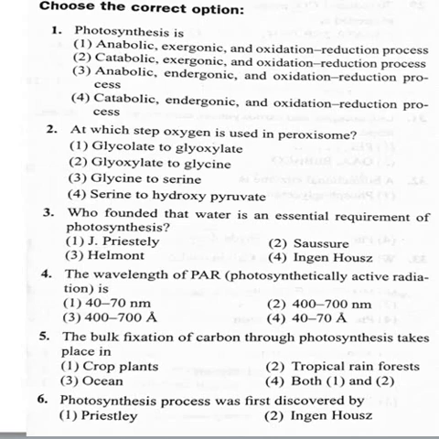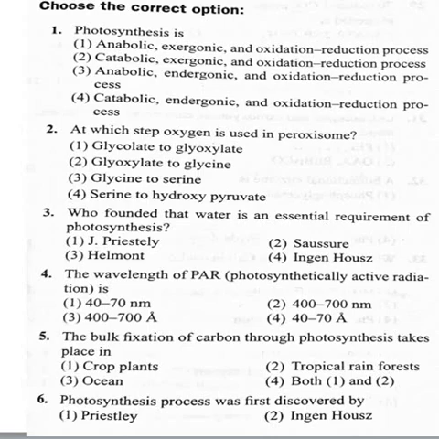So you know that photosynthesis is the anabolic process where the carbon dioxide is reduced to carbohydrates. So here both oxidation and reduction take place in case of photosynthesis. You know that chlorophyll gets oxidized, so carbon dioxide is reduced to carbohydrate.